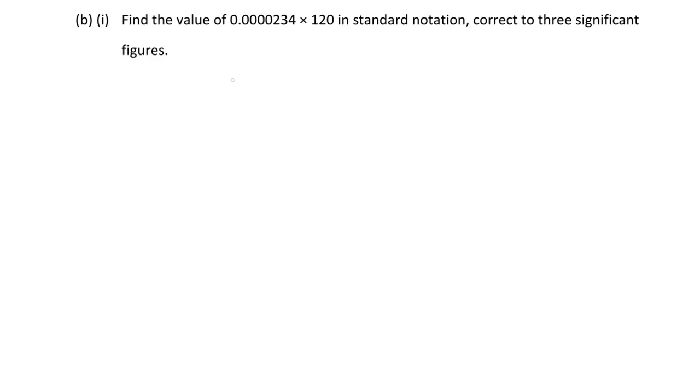Then we are going to have, in brackets, 2.34 times 10 power negative 5 times, in brackets, 1.2 times 10 squared. Okay, so for those with the common base 10, we are going to add their exponents.